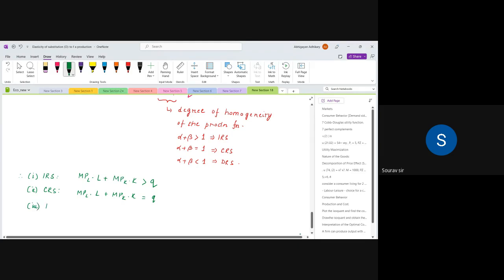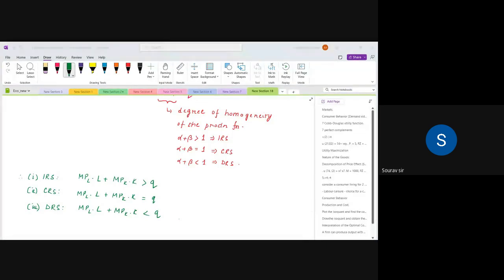And in the third case, in the case of DRS, this will happen, right? All of you, correct? Is it fine with all of you? Any questions?